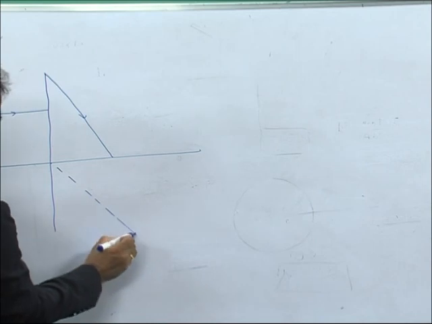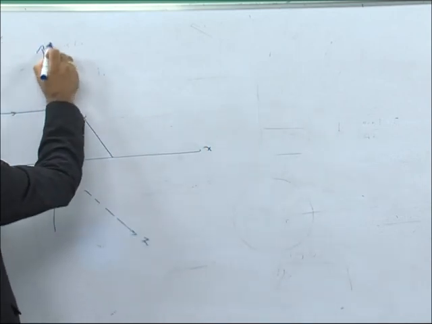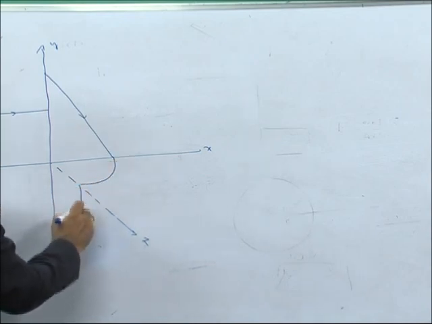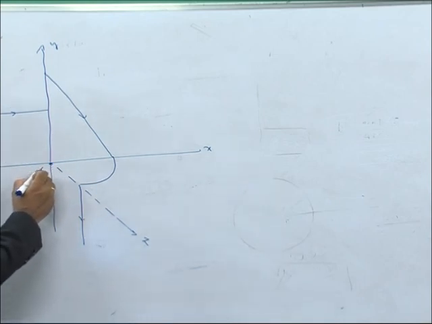This is the z axis, this is the x axis, and this is the y axis. The wire is bent in this form and comes like this. We have to calculate the magnetic field induction at the center O.